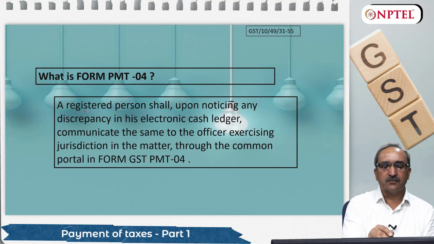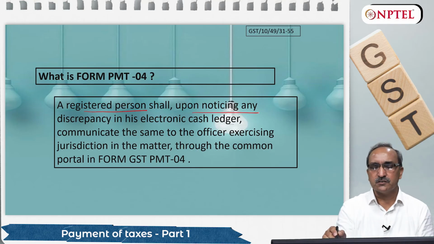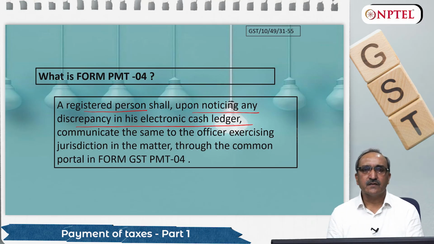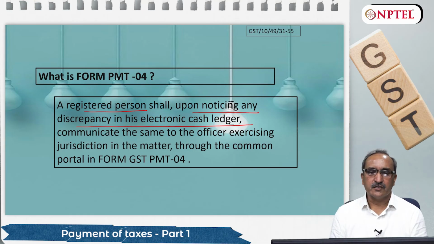It says a registered person shall, upon noticing any discrepancy, as we studied in the electronic credit ledger, here also, if you have any discrepancy in your cash ledger, you have to approach the authorities and file an application under PMT-04.